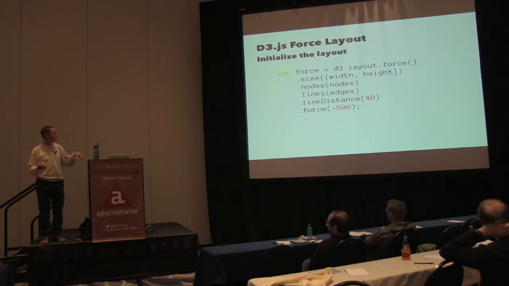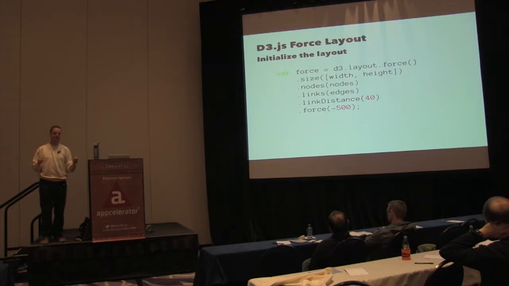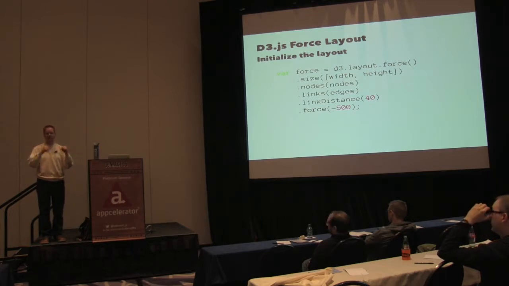The two parameters that in this example we're setting: we set a desired link distance, and this is telling D3 that we'd like nodes that are connected with each other to end up about 40 pixels apart, maybe a little further, maybe a little closer, but try to keep it within 40 pixels more or less. And then force is the electromagnetic repulsive force that each particle or each node will have in the force direction.